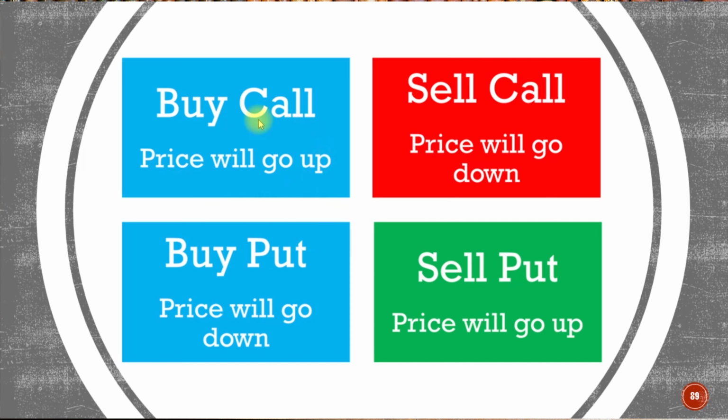Now let's continue with assuming that the stock price is $100 per share for Apple. You buy a call option at, say, 100 with the strike price of 105, and you pay $1 for that contract. That means that your break even will be the 105 plus the $1, so that's 106.